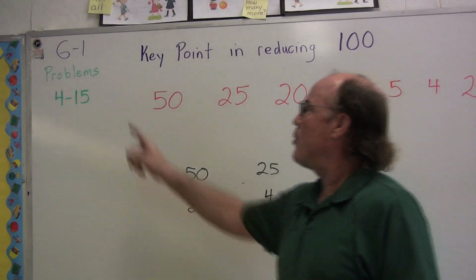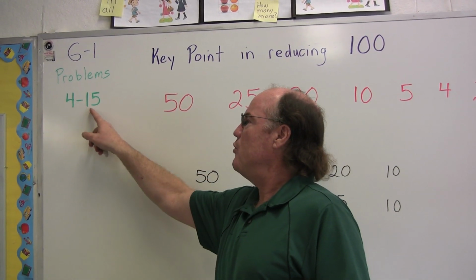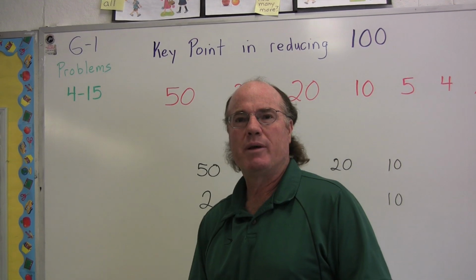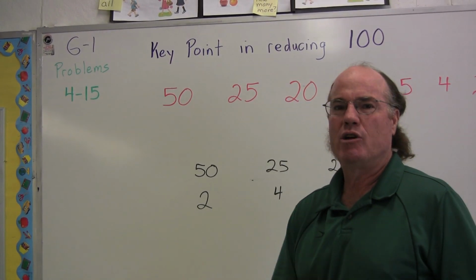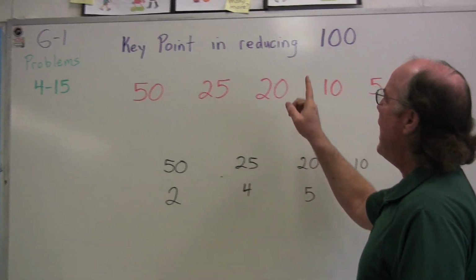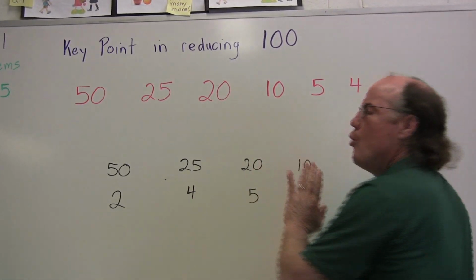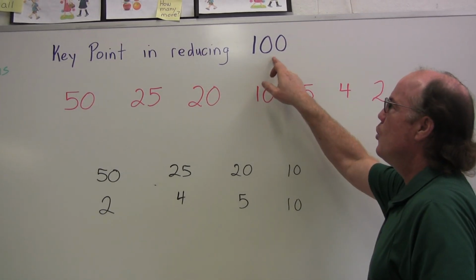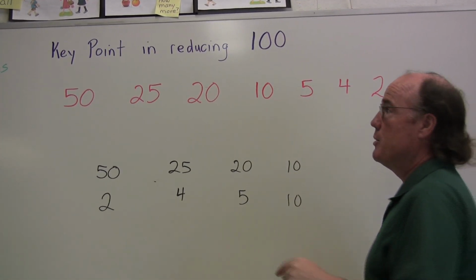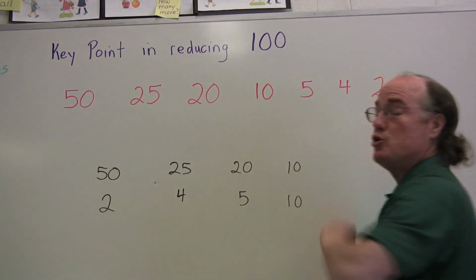Now, for problems 4 through 15 on homework page 6-1, one particular skill is really going to help here. And that is which numbers can go evenly into 100. This is really going to help us in reducing.